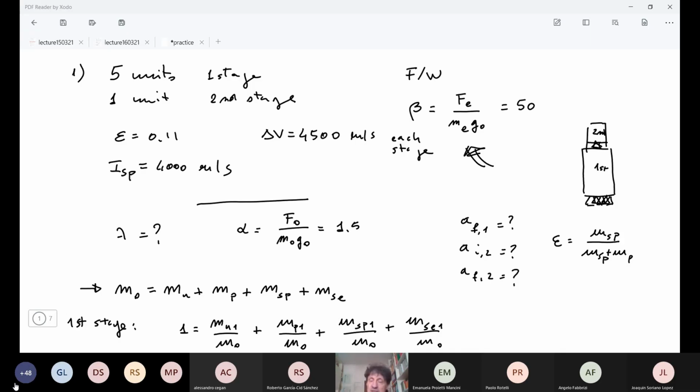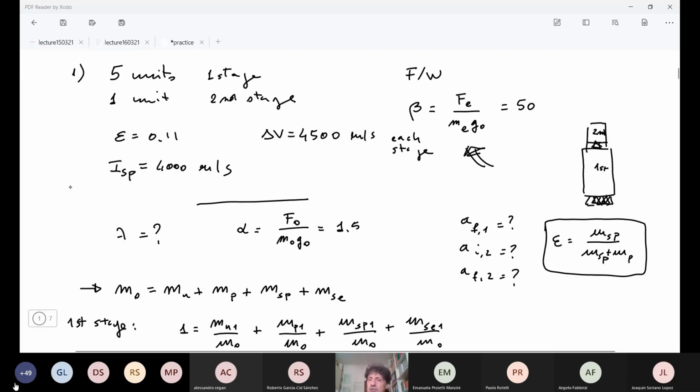Now we are explicitly giving the engine mass, and it's not correct to use epsilon if the engine mass is important, because we have seen that with this relation we are considering that this inert mass is proportional to propellant mass. And of course, the engine mass is not related to propellant mass. It's related to the thrust level.